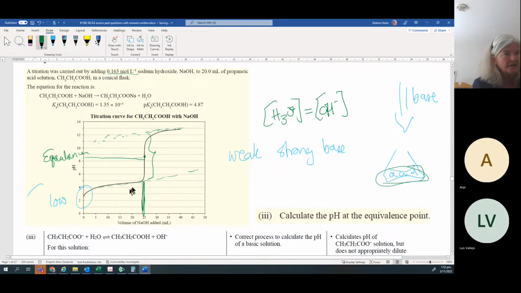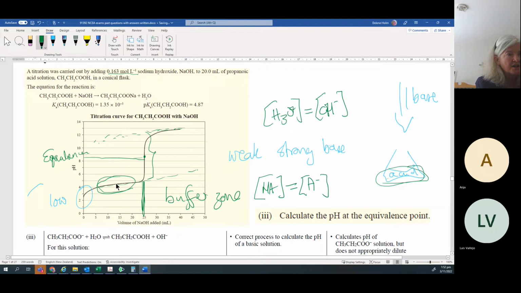The other thing you need to know is because I'm adding a strong base to a weak acid, this flattish area over here is the buffer zone. And the best place for the buffer is when my weak acid, which I'm going to call HA, has a concentration equal to the conjugate base.